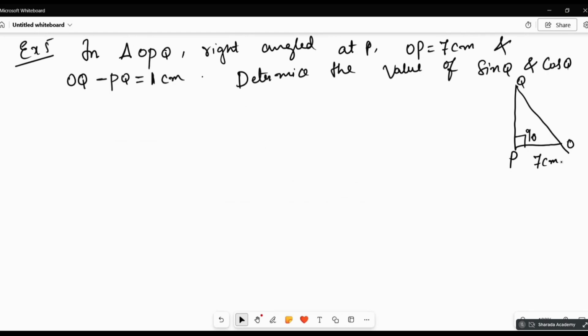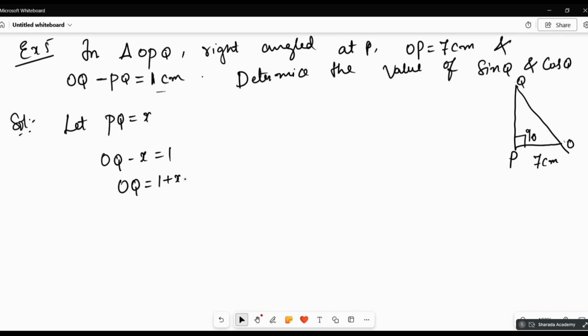And they've given OQ minus PQ is equal to 1 centimeter. So let PQ is equal to X, because we don't know both now, right? So we will keep the PQ as X. So OQ minus X is equal to 1, or OQ will be equal to 1 plus X now.